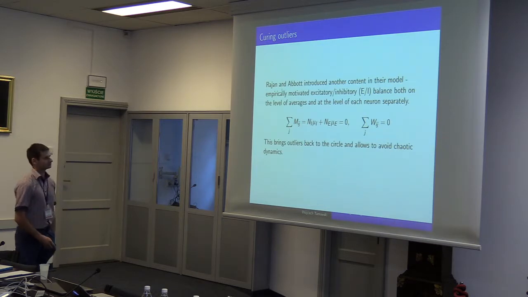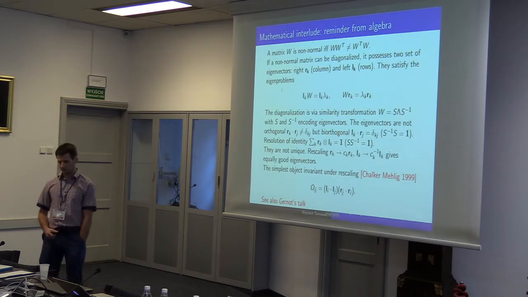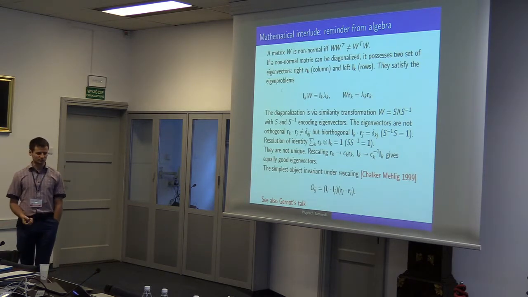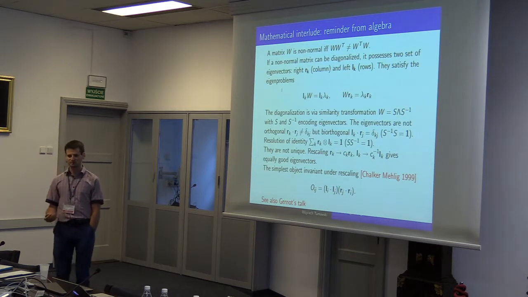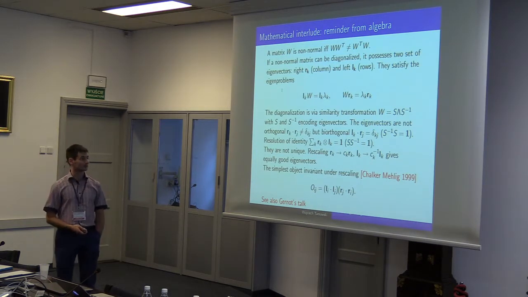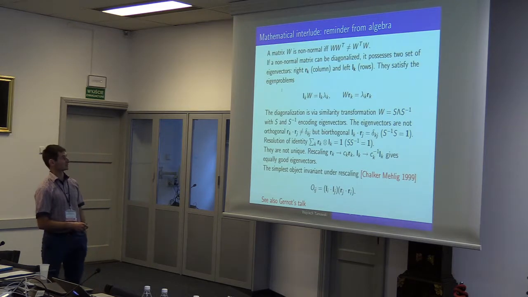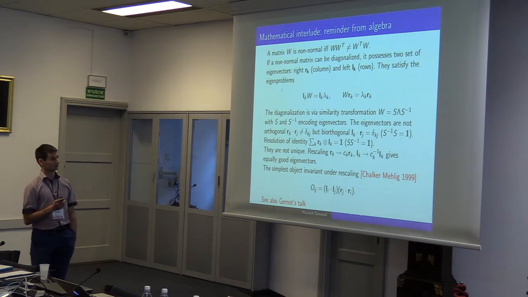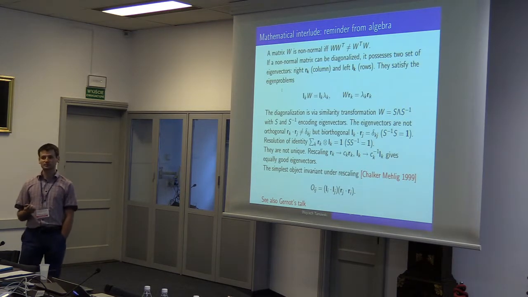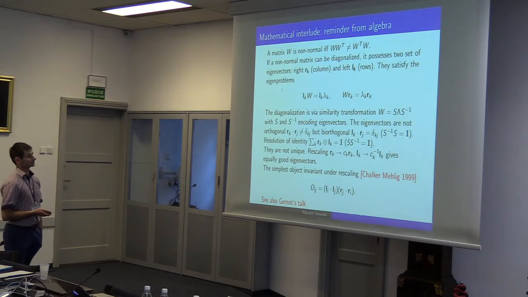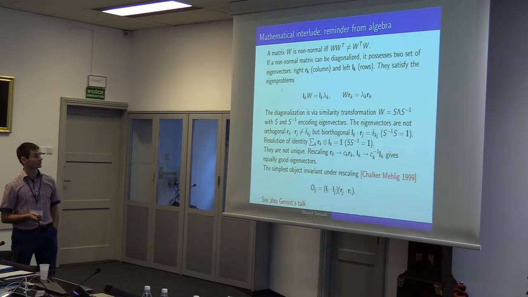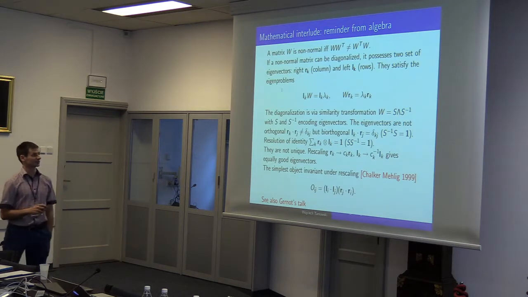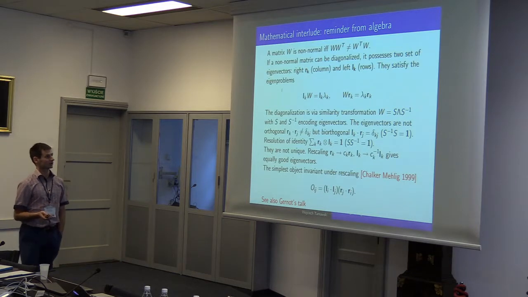So in Krakow, we are somehow very interested in eigenvectors. So we wanted to look more deeply at this problem. To set the stage, we can say that a matrix is not normal if it does not commute with its transpose, and then it cannot always be diagonalized, but if it can, then it has two sets of eigenvectors, right and left.